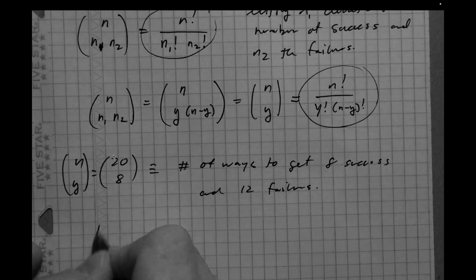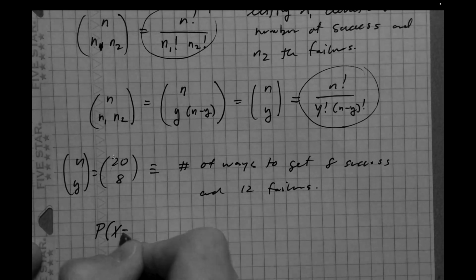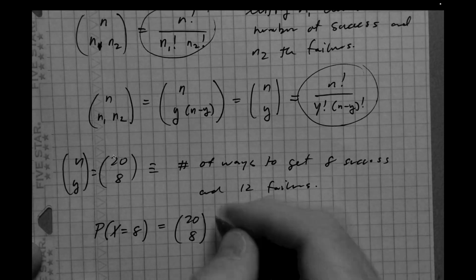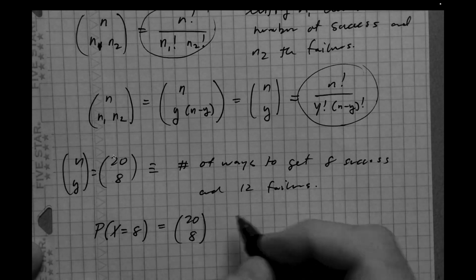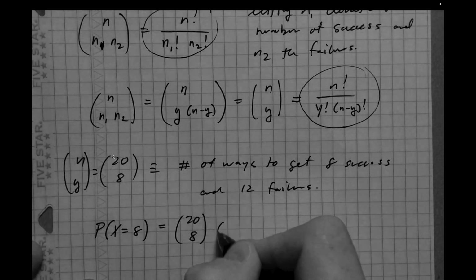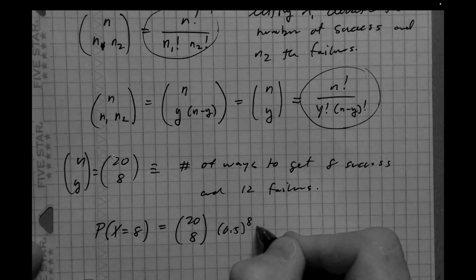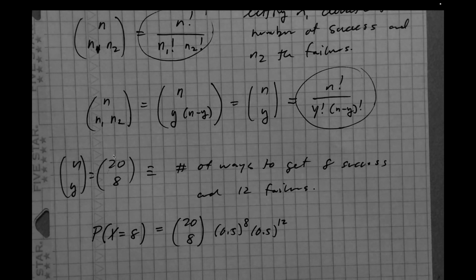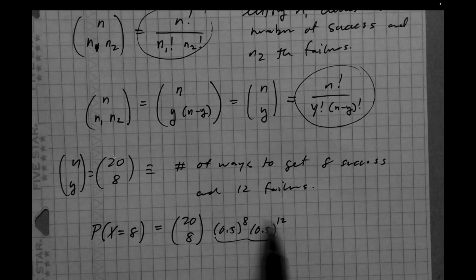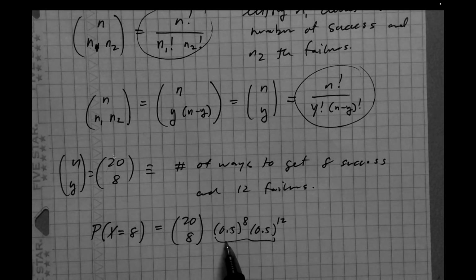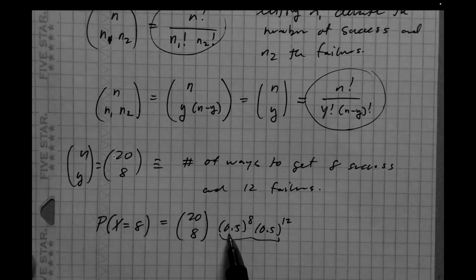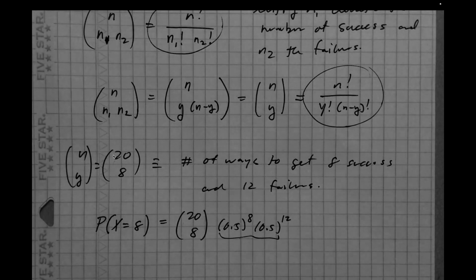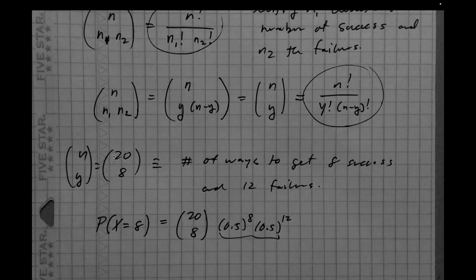And so really, when we say the probability that x is equal to 8, what we mean is 20 choose 8 times the probability of getting 8 successes and 12 failures, which is 0.5 to the 8th power times 0.5 to the 12th power. Okay, so this is the probability of getting any one outcome that has 8 successes. And how many are there? There's this many, right? And so you just add them all up. They're all the same, so it's really just multiply this number times that probability.